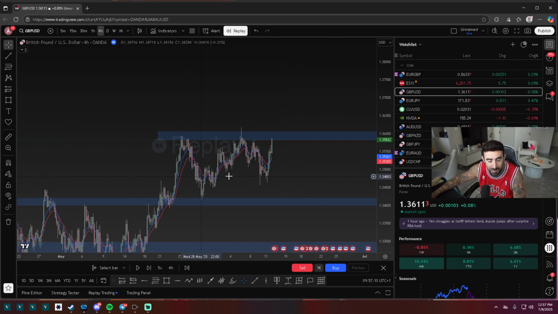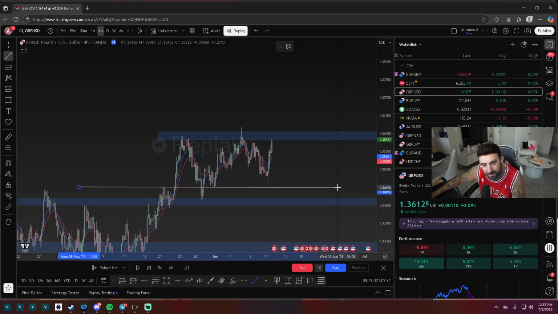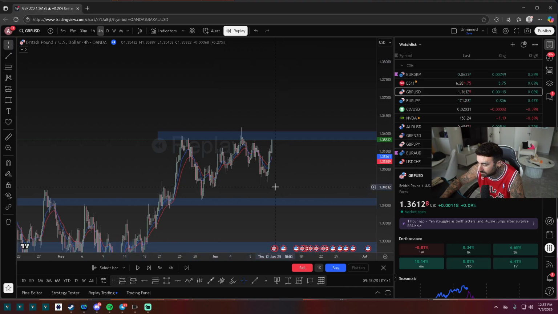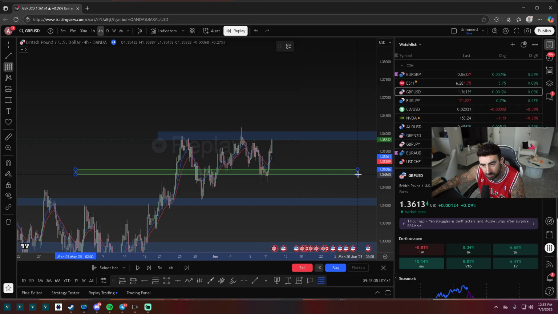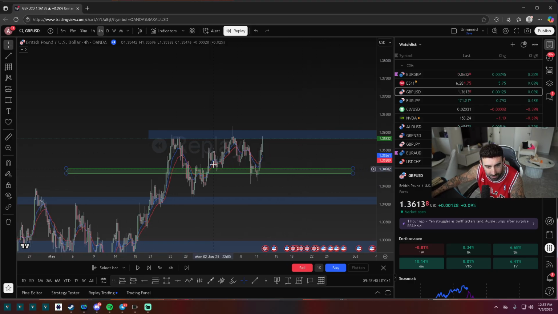So that is your mid-level. Even if you draw some sort of line around 1.35 like this, you can see that it acts as a minor level in between the major levels, where price reacts from before trading up.